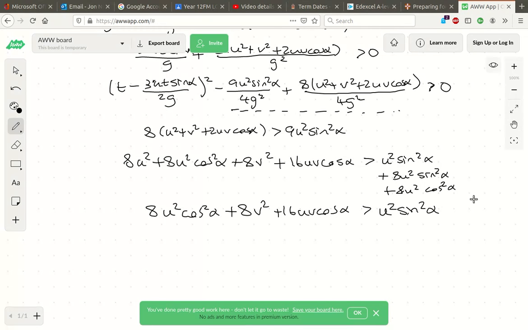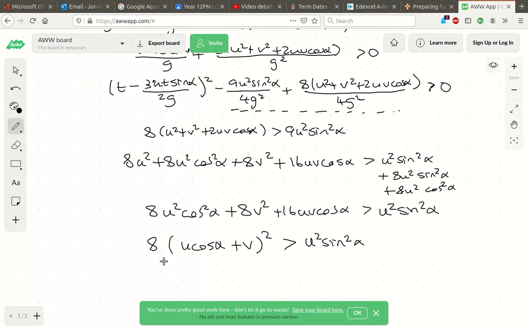Now you might think, what have you achieved there? Well, I've been able now to write this as 8 times u cos alpha plus v, all squared, and that's the trick at the end. This is the difficult bit, there's no doubt about it. Brilliant. Now I'm in a really solid position because it looks like the answer is going to work out now.